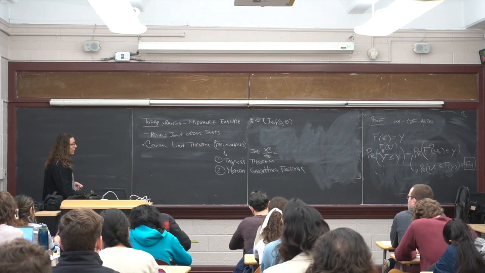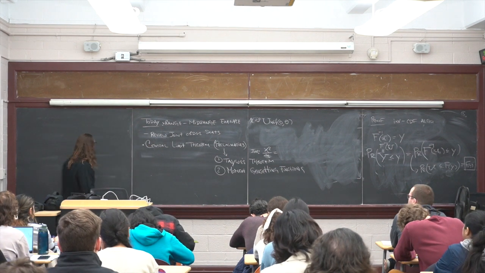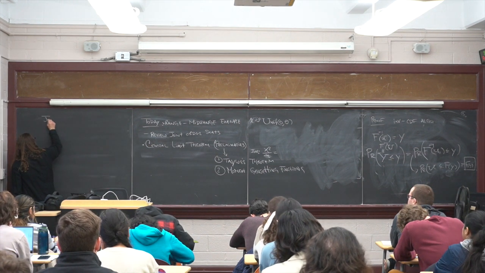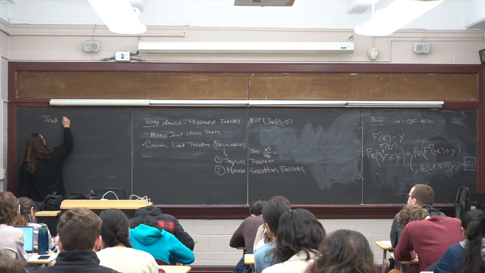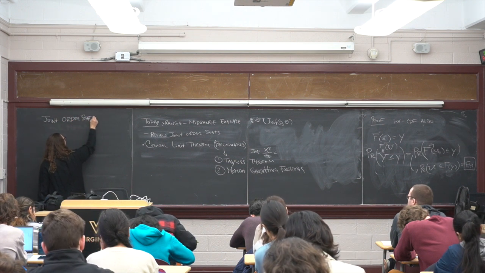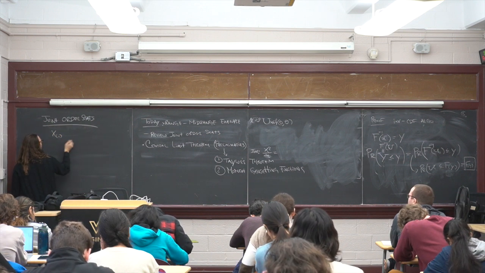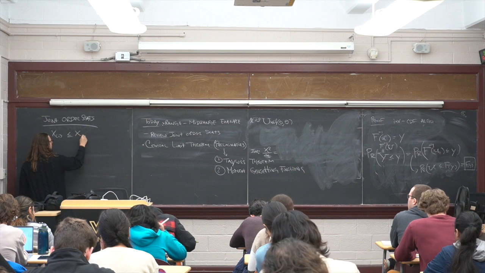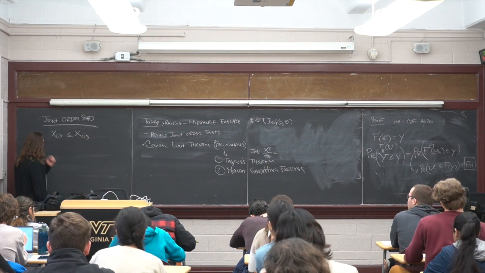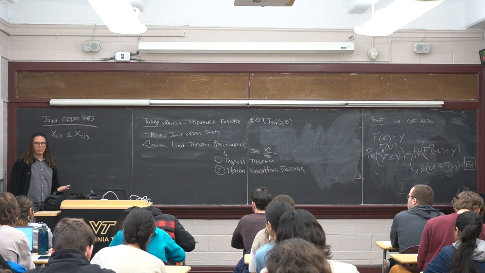Okay, review of joint order statistics. Let's come back to this. This is where we left off last time. Let's just draw the exact same picture. So I want to know the distribution of Xi, and I'm going to say i is less than j, and these values are bounded by each other.